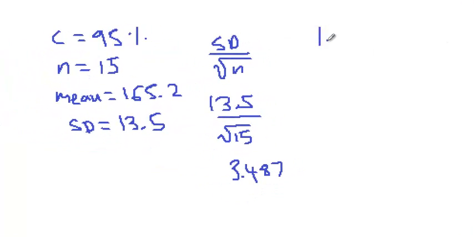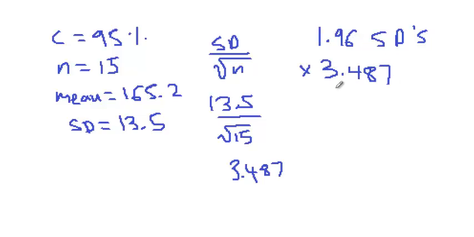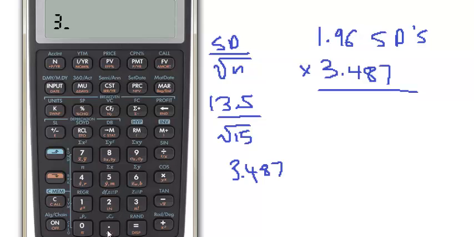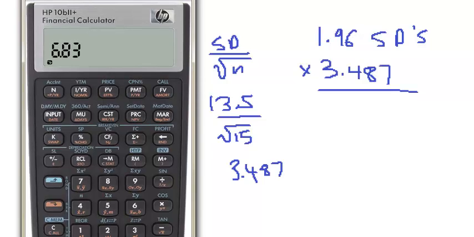So 1.96 standard deviations times, and each standard deviation is 3.487. So let's do the 3.487. Get the calculator back up here. 3.487 times 1.96 standard deviations, and we get approximately 6.83.